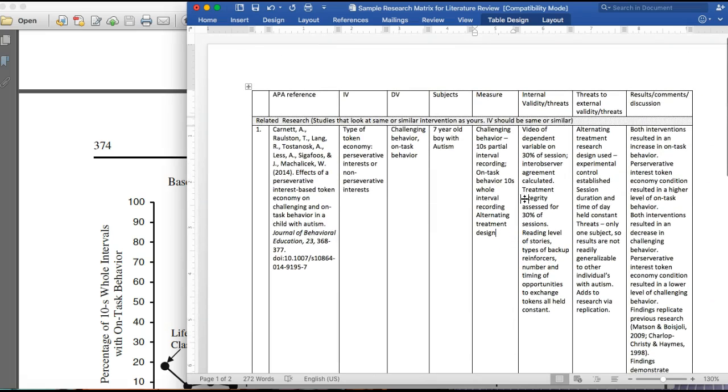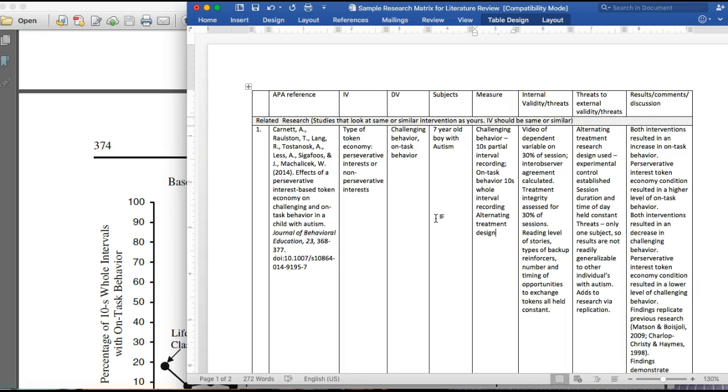So this information is going to help you to synthesize the research, so you'll want to make sure that there are things that you put in here. In particular, when you're doing your literature review, you're going to be writing in terms of what topic you're writing on. So you'll be looking at the independent variables and the dependent variables as a way to combine research and synthesize.